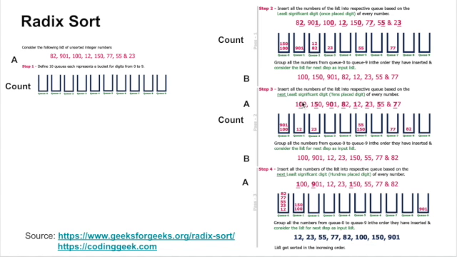If it's 0, then the element is going to go to the 0 index in the count array. Similarly, we're going to have our B array, which is going to be this one, where it is already sorted by the second digit. Then we're going to sort by the third digit finally, and once we sort by the third digit, we're going to have our array already sorted.